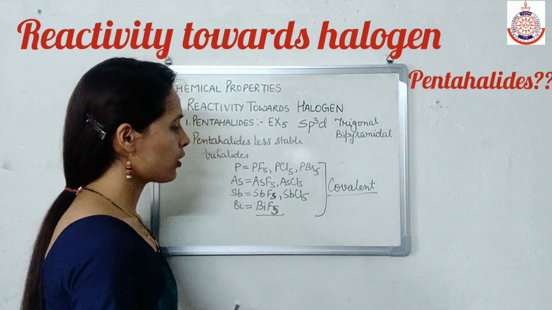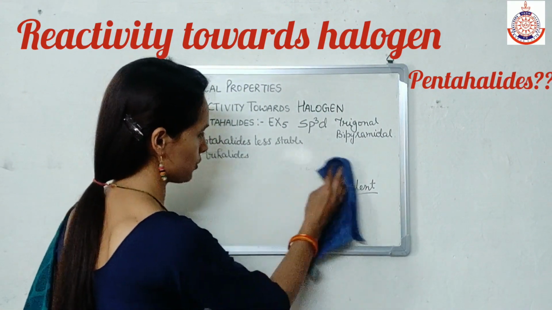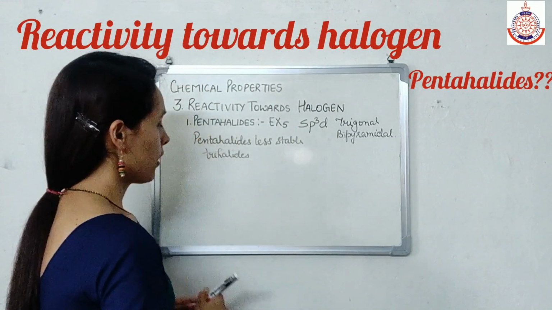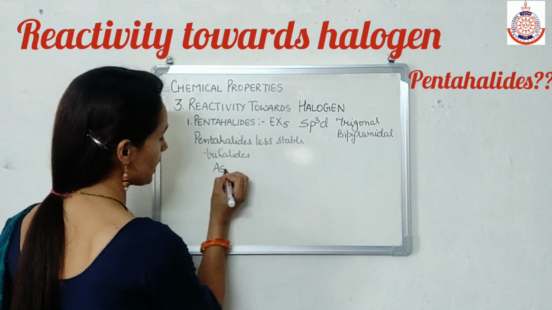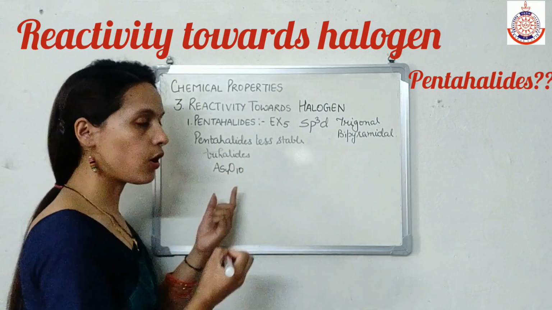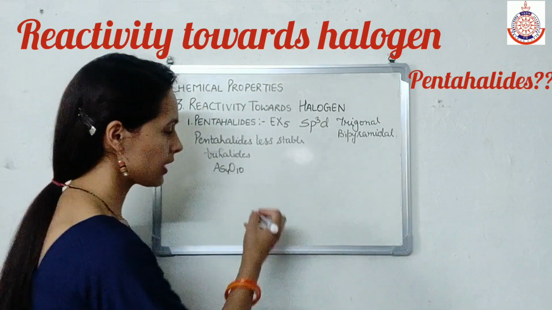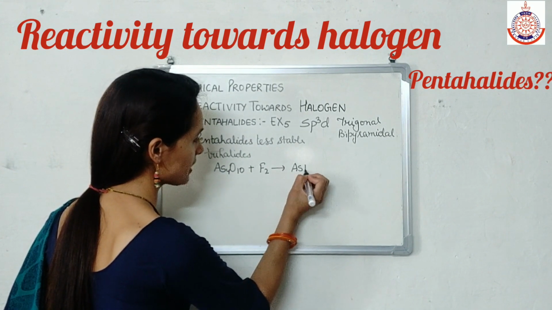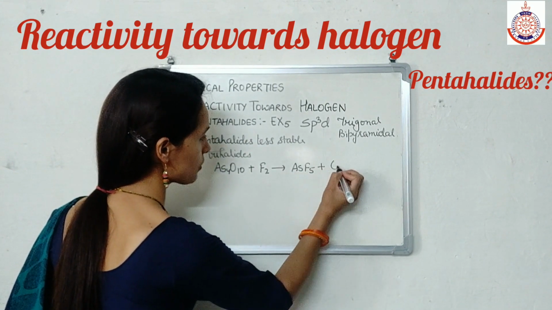Now, if I talk about the preparation of these compounds, suppose I have As4O10, that is the oxide of arsenic. When I react this with F2, it gives AsF5 plus O2.